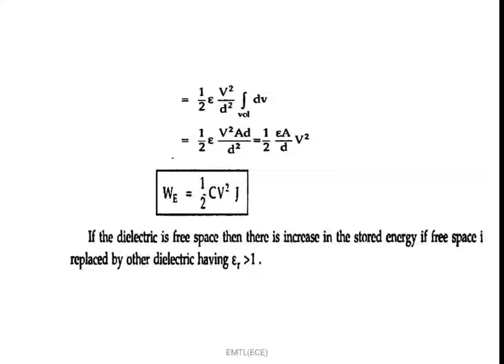So that's why dielectric materials are more useful in capacitors. That means they are used to enhance or increase the capacitance of the capacitor. So this is about the energy stored in a capacitor.